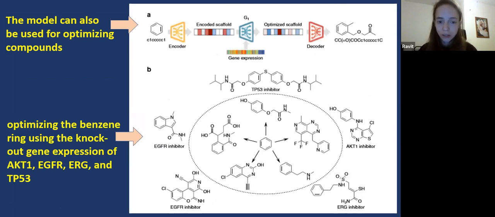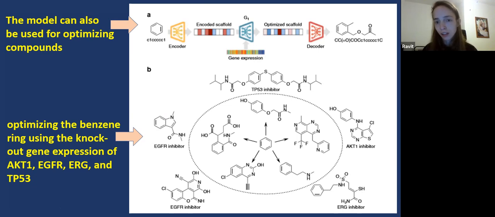This model was also shown to be effective for optimizing compounds. Here in this graph, they took a benzene compound and they fed it into the encoder, and they got the encoded scaffold. And then they fed it as input to the second GAN, and then they got optimized molecules based on the benzene structure.